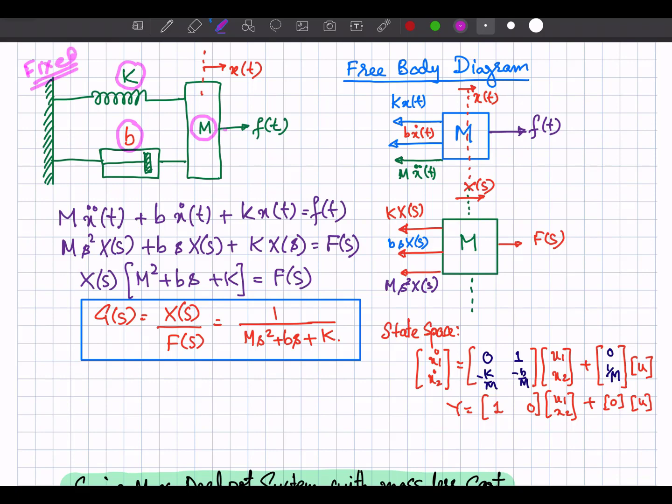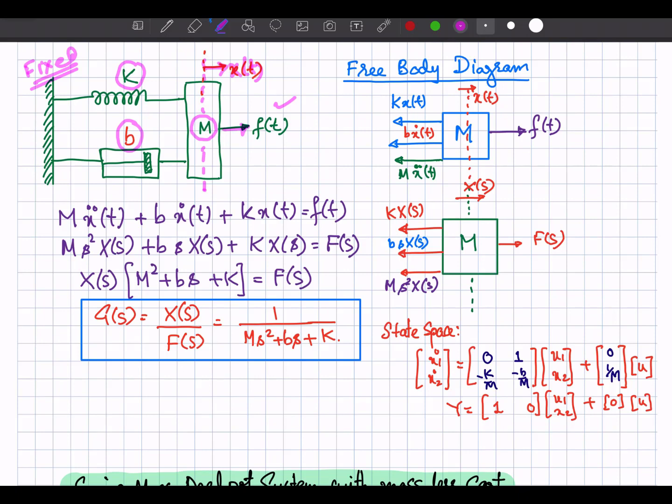So when we apply the force F in this direction, let's suppose that this mass will be displaced and the displacement is x of t. The sum of all the forces acting over a body should be equal to the applied force. So you are applying this one, so all other forces must be equal to this applied force.